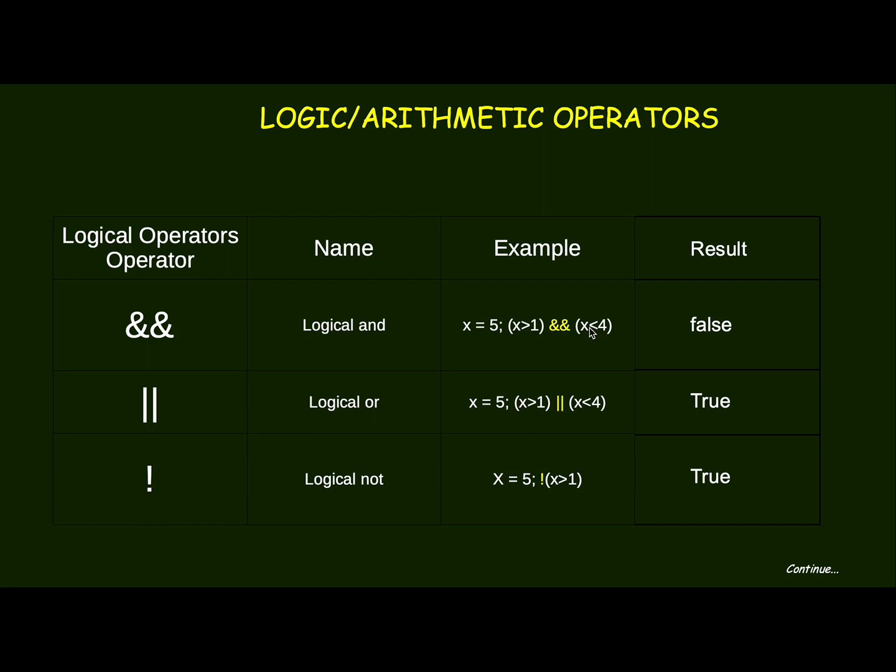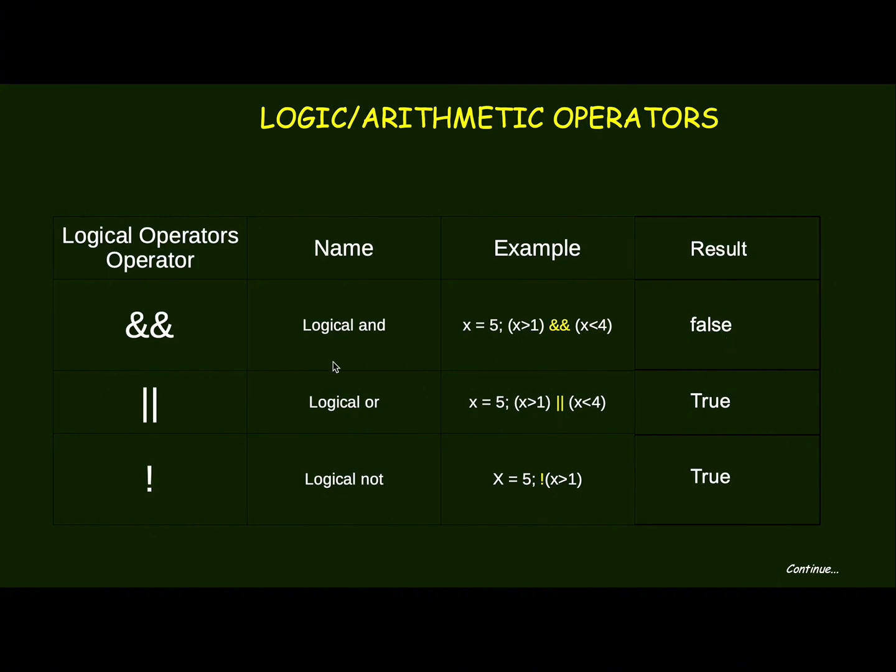But x is less than 4, which is 5 is less than 4, makes this false. So you cannot tell me that both of them are correct. They are not the same. Therefore it represents a false statement.